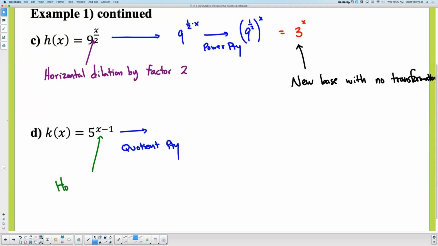Horizontal translation, right 1. Okay, so this is not a dilation. This one's now a translation. Now, x's are liars or truth tellers? Liars. So instead of minusing 1, it adds 1. On the x-axis, if you add 1, which direction do we go, Anthony? On the x-axis, if you add 1, which way do we go? You sure? Which one? X-axis, add 1. Which direction are you going?